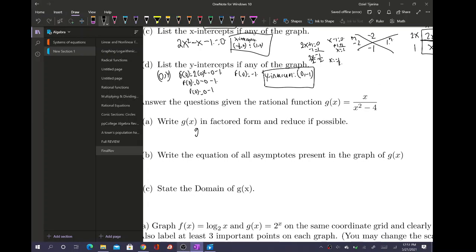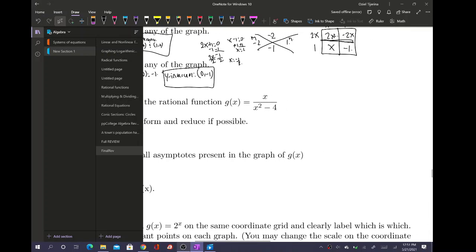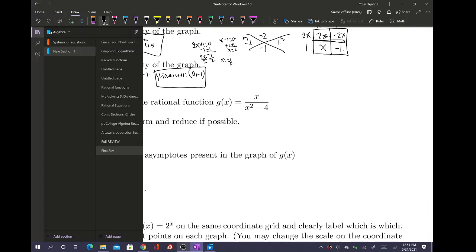So if we do g of x in factored form, we get g of x equals x, and then we do the difference of two squares pattern, which says that a squared minus b squared equals a plus b times a minus b, right? So that means that x squared minus 4 equals x squared minus 2 squared, which is equal to x plus 2 times x minus 2, right?